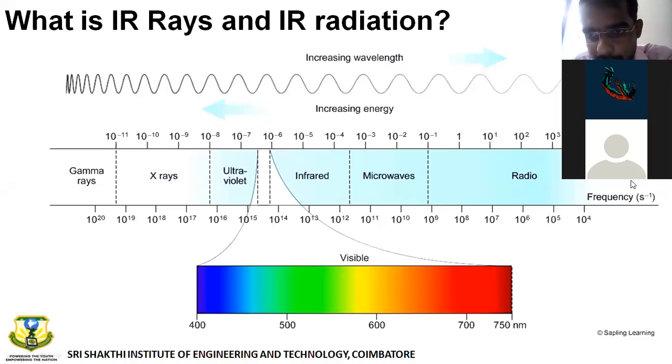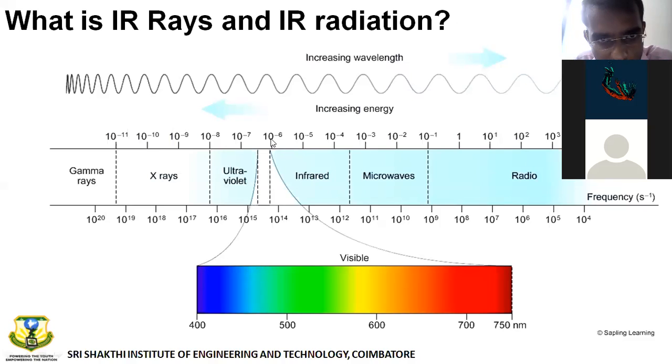So your normal light is all in the same band. It's all electromagnetic spectrum. Why do we call it infrared? In wavelength, if you see visible light, the highest wavelength is 750, which is red, and after red, infrared is there.